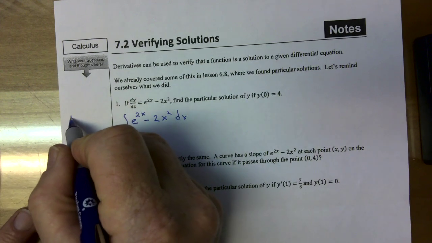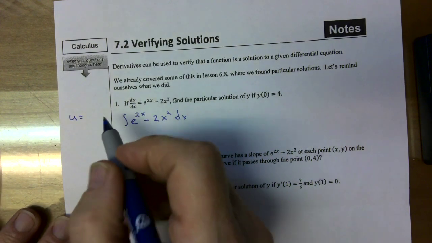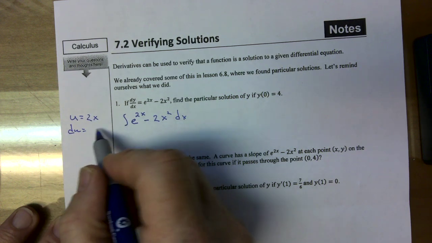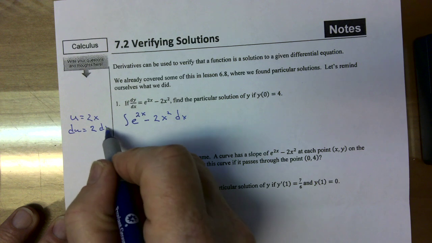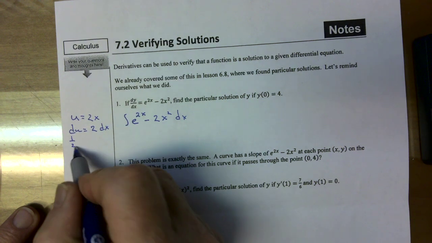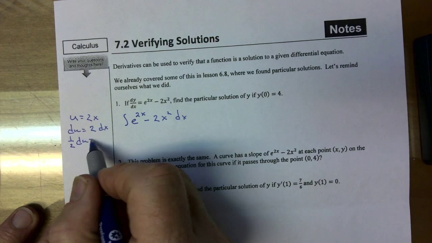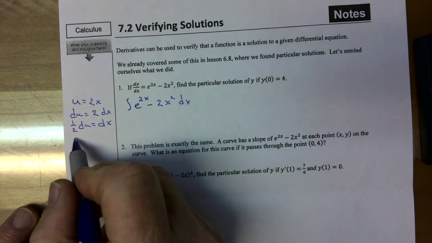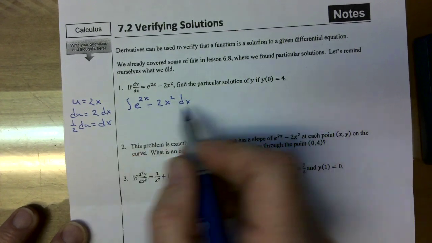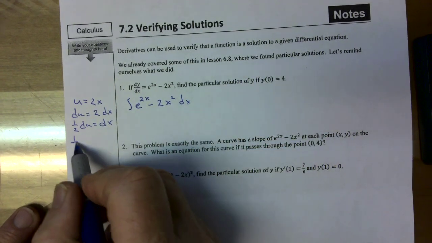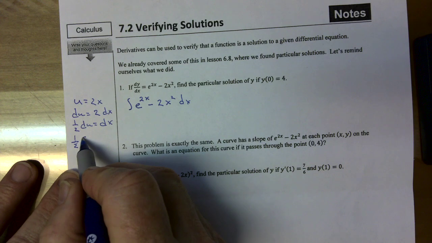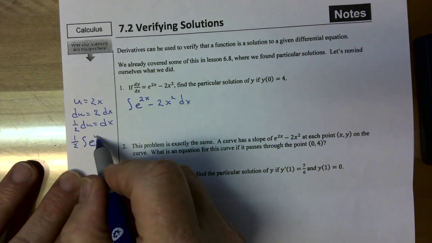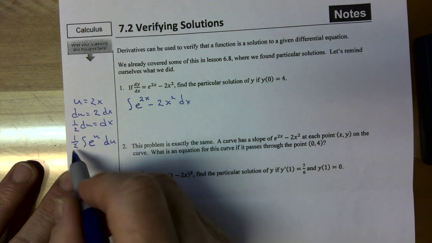I'm going to say, all right, u is going to be 2x. The derivative of u is going to be 2 dx. That means 1/2 du will replace dx. And I'm just going to do it right here in the margin. So now I have 1/2 integral of, and I'm just focusing on this, e to the u, and here's dx, 1/2 du.